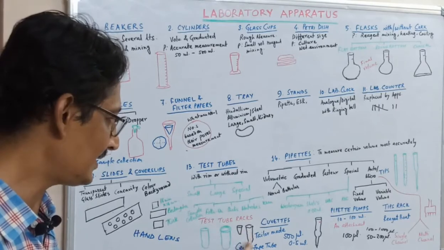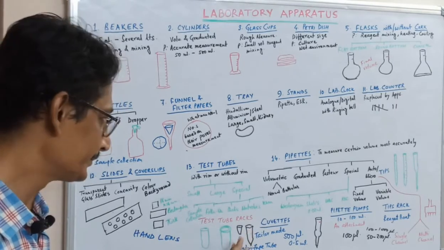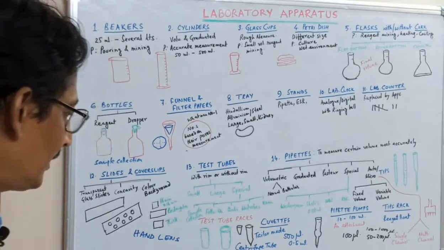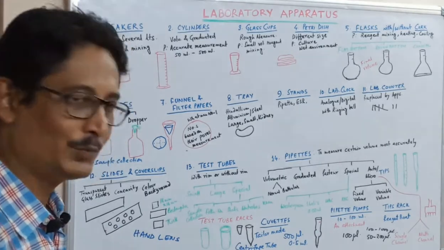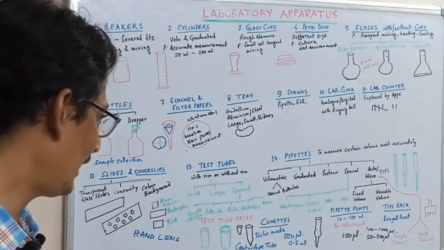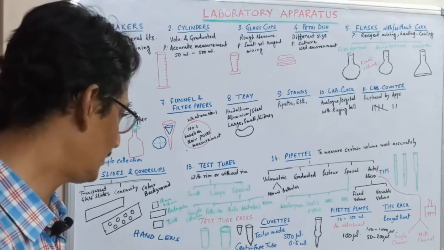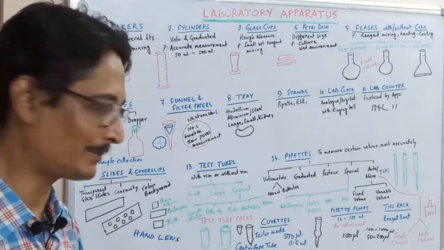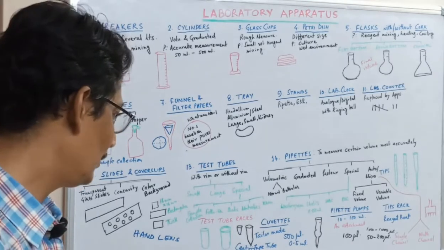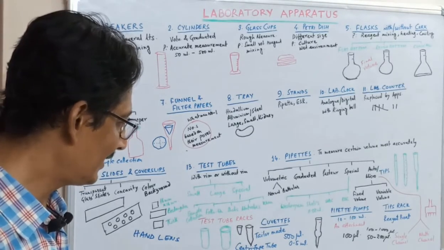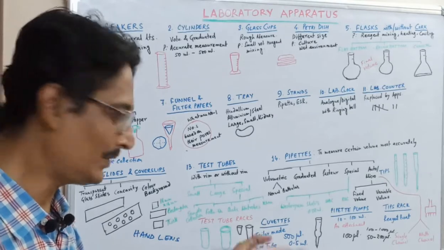This is a conical shaped tube used for centrifugation, to accumulate the floating constituents of some fluid, blood or urine. We accumulate it and collect it by the centrifuge tube.